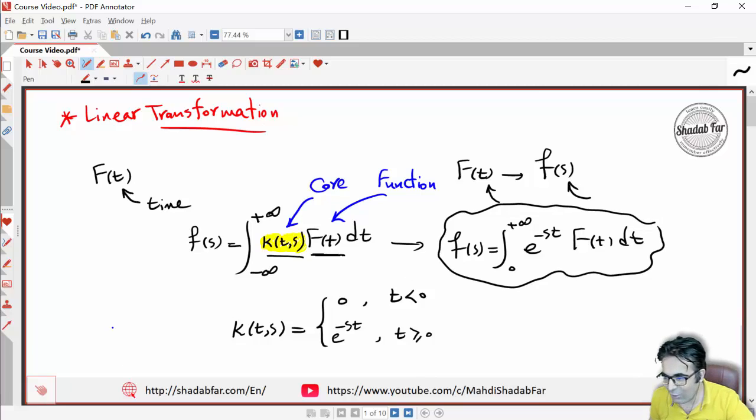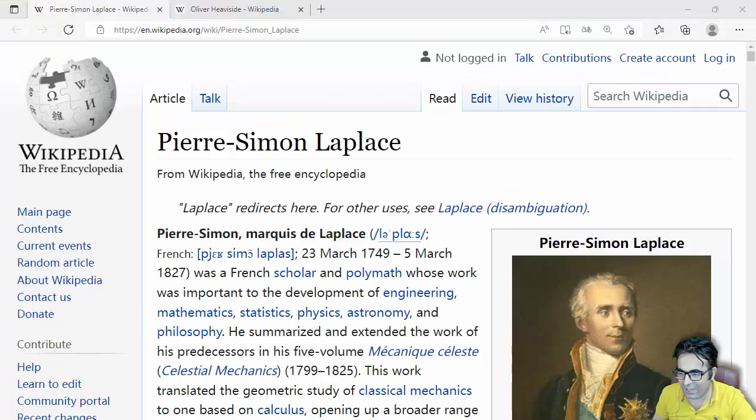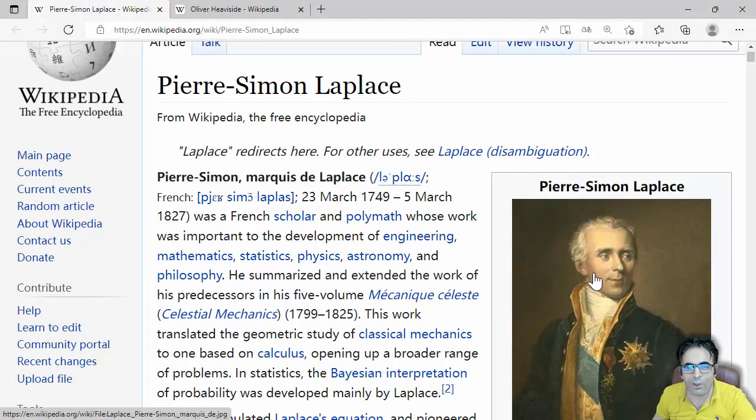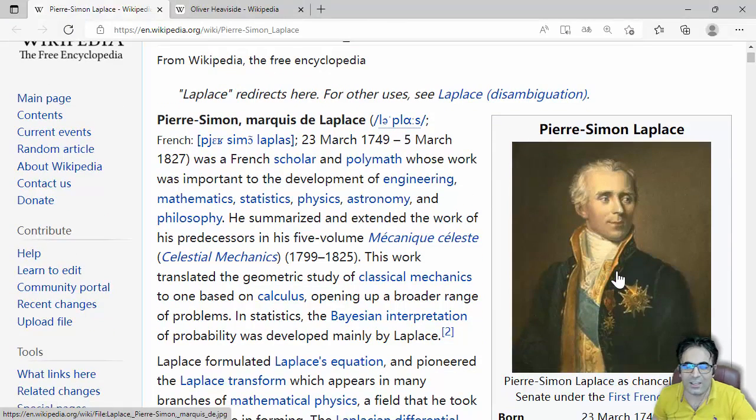So I can show you the Wikipedia page of this Laplace transformation. This guy here called Simon Laplace was a French mathematician many years ago, maybe 200 or 300 years ago, who pioneered this really important topic in mathematics.